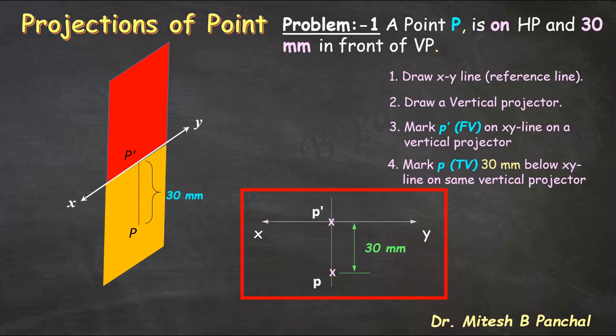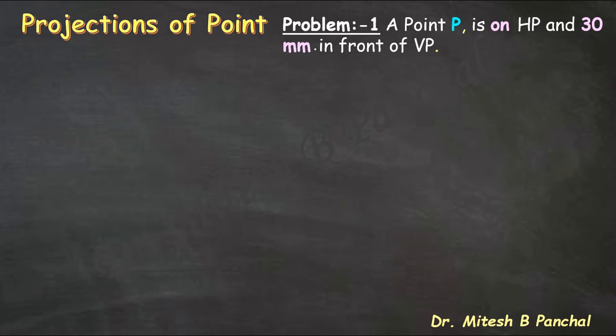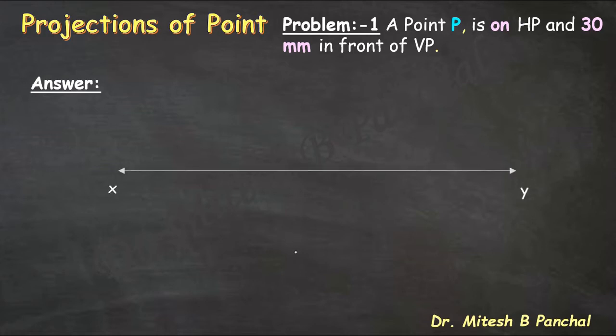So now we will see how the answer is ultimately drawn. So this one is the problem statement and you have to draw projections of point P. Then the answer is: draw XY line, draw vertical projector.